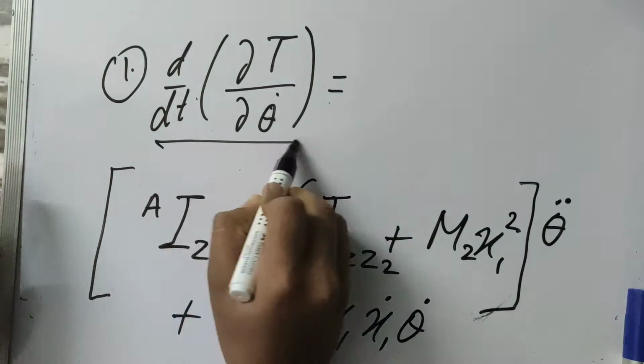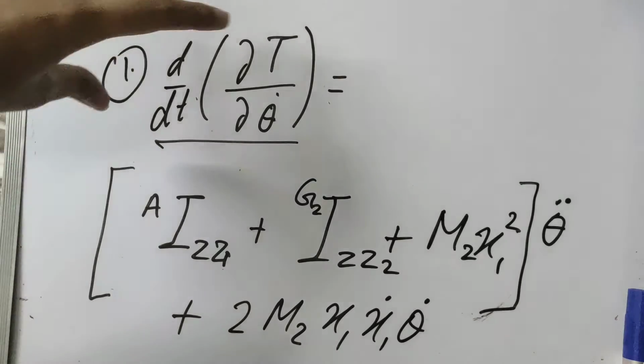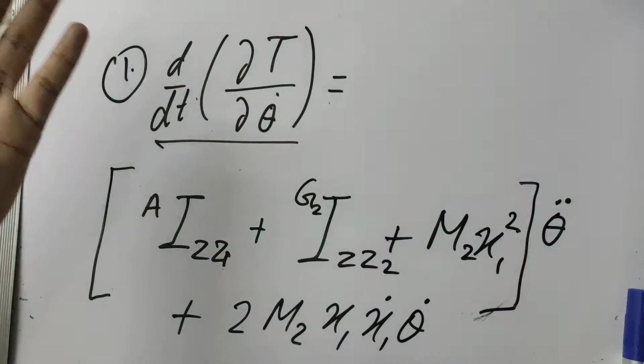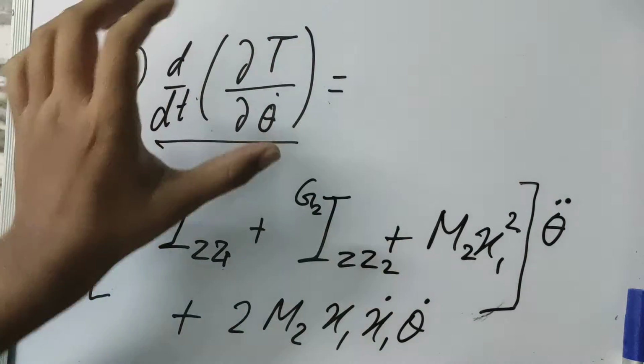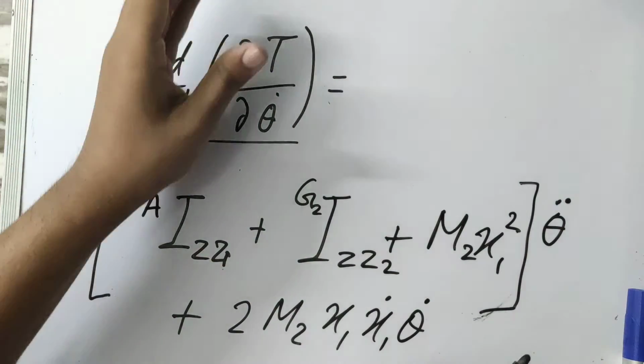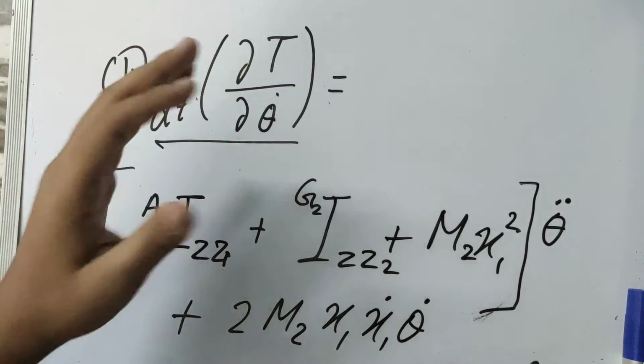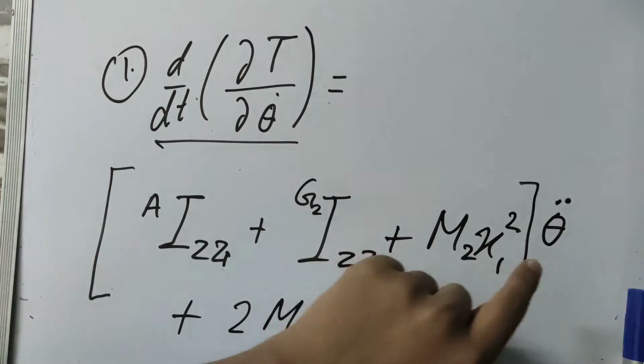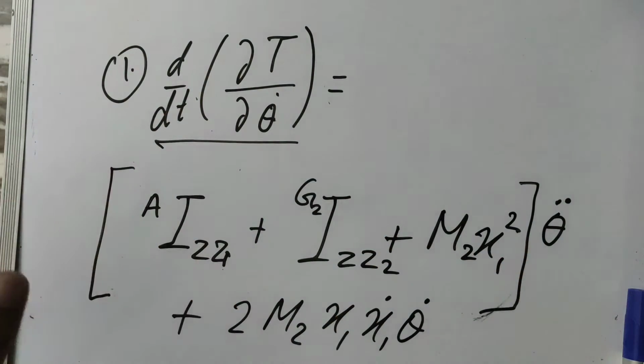Basically you can compute this partial derivative, and then I'm just directly writing what I will get if I compute this one. If you compute the partial of T with respect to theta dot, you get this expression, then d by dt makes some double dots appearing here and there, and this is the net expression which I'm getting, this piece.